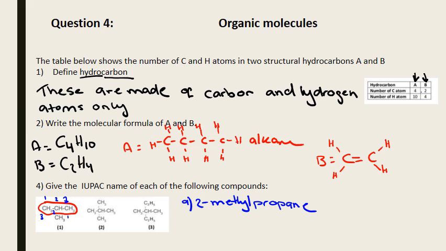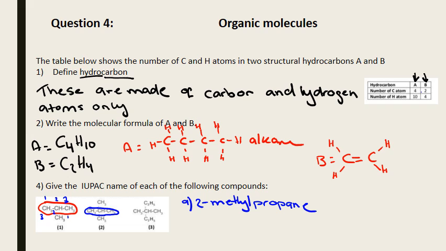B, also take the longest chain, which is here. Okay, if we count, starting from here, 1, 2, 3. Here it's 1, 2, 3. And here 1, 2, 3. The most branched is the one in the middle, and it's also the longest chain, so we take the one in the middle.